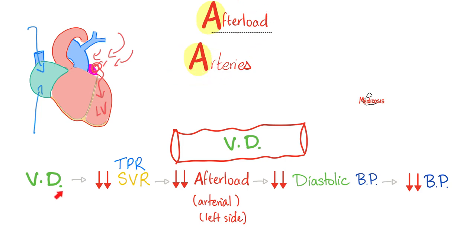Decreasing the afterload is one way doctors can manage your hypertension. They can give you medications that vasodilate. When you dilate, the radius goes up, resistance goes down, afterload decreases, diastolic blood pressure decreases, blood pressure decreases, and your heart is smiling because it's easier for it to pump against a lower resistance, against a lower afterload.